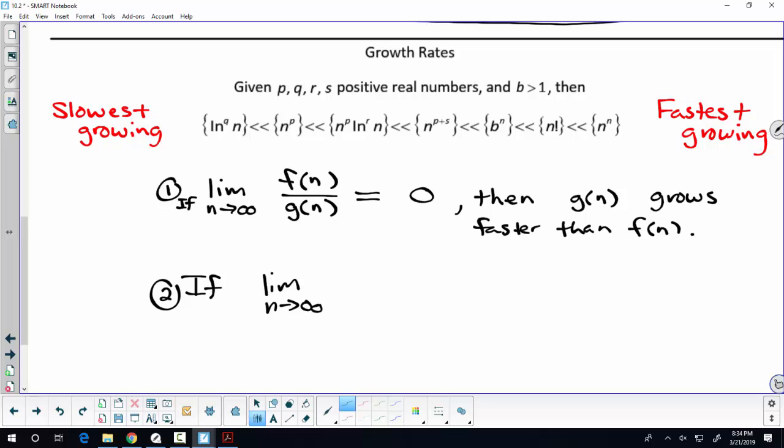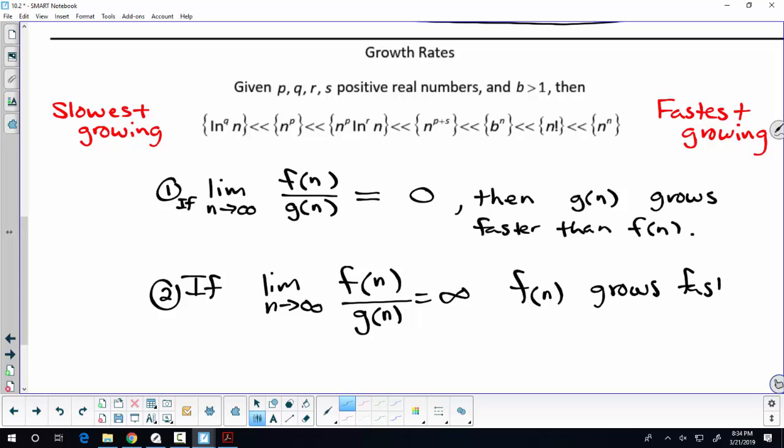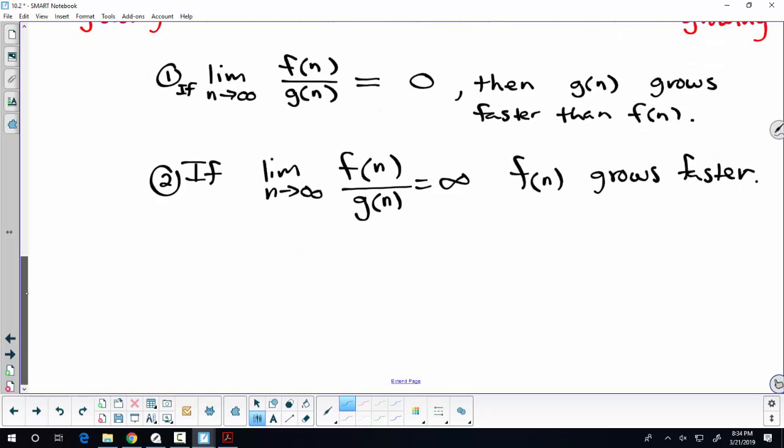If the limit as n approaches infinity of that quotient goes to infinity, which one grows faster? Yeah. So really, those are the two things we primarily utilize when we utilize growth rates.